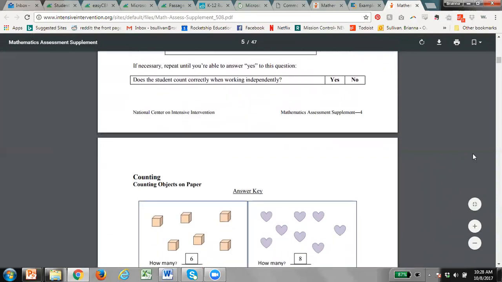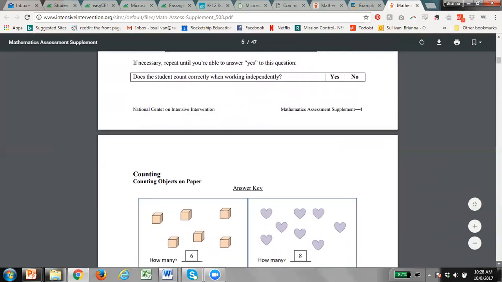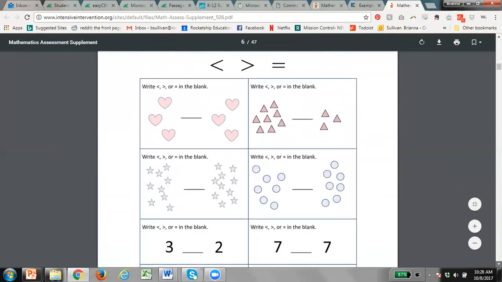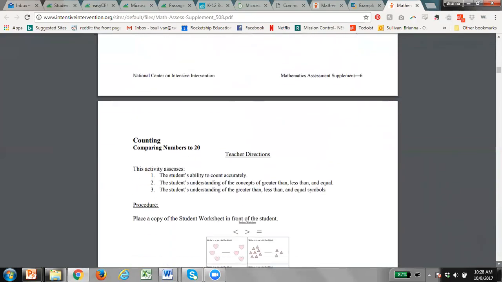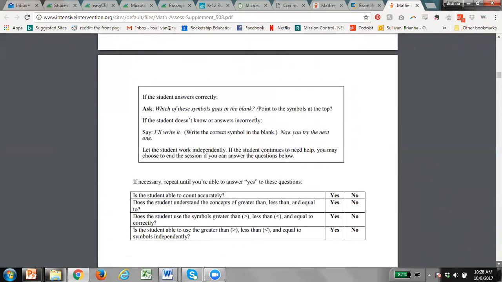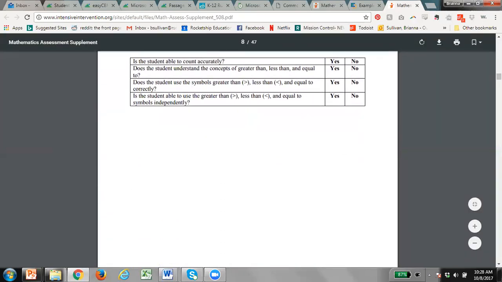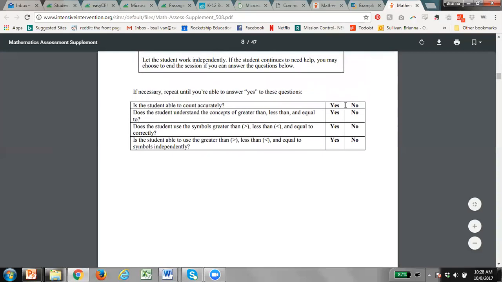And then some options here around, this is just the basic scoring key. So you can see it shows the sequence of math skills as they build upon one another. And then it shows when you stop and when you move on. So until the student's able to answer yes to all of these, you would just continue focusing on teaching those skills.